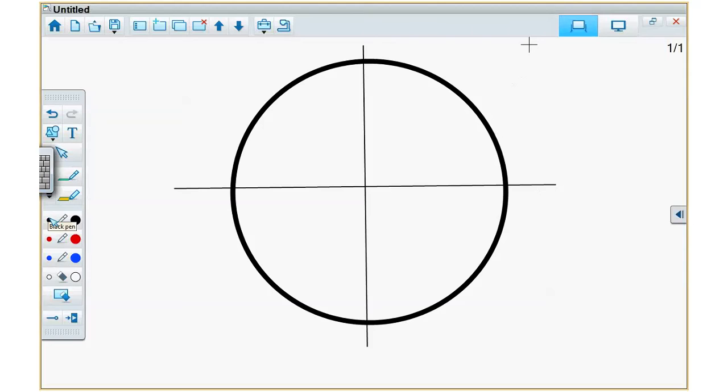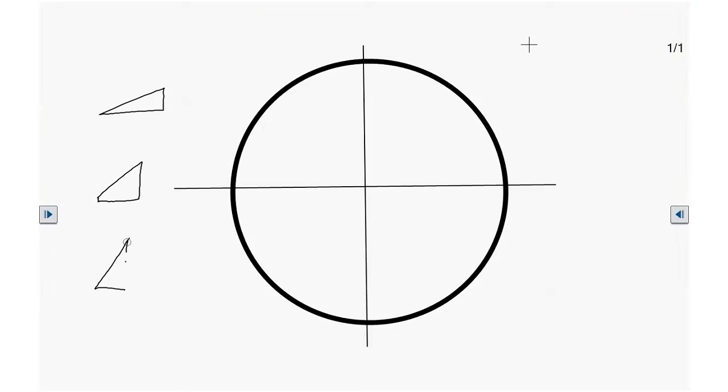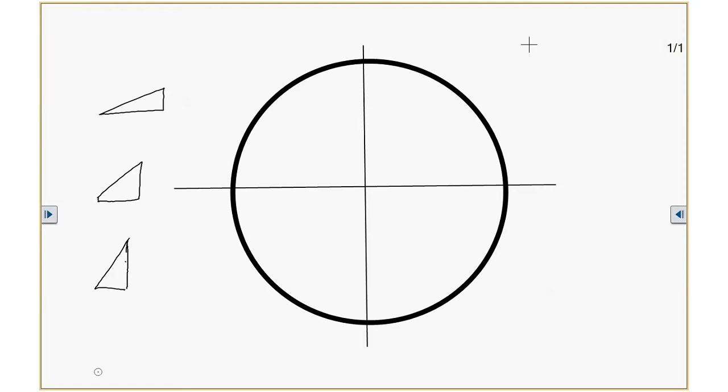And with the unit circle, all you've got to remember is 3 things. One is the 30-degree triangle, the 45-degree triangle, and the what? 60-degree triangle. All right, learn these back in Trig.